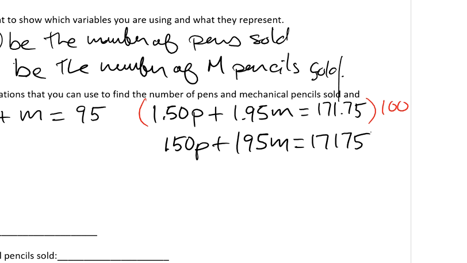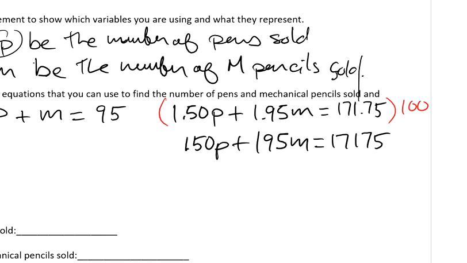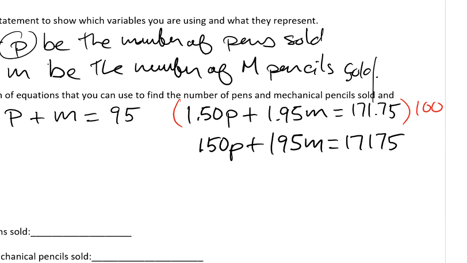The next thing I want to do is I'm going to isolate p, I think, in this first equation that I wrote down. So if I get p alone by subtracting m from each side of this, I can see that p is equivalent to 95 minus m. Well, this is now a perfect thing to substitute into this other equation.